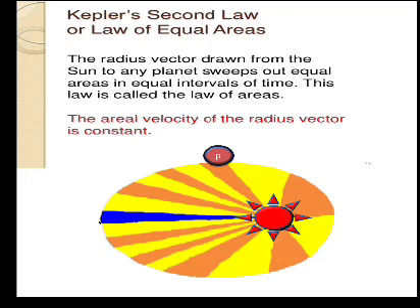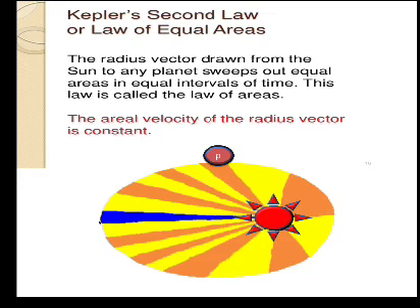The areal velocity of the radius vector is constant. That means a line joining the planet and the Sun, that is the radius of the orbit of the planet, sweeps equal area in equal intervals of time.